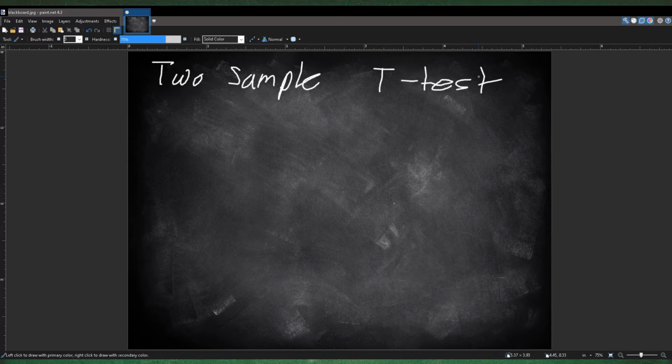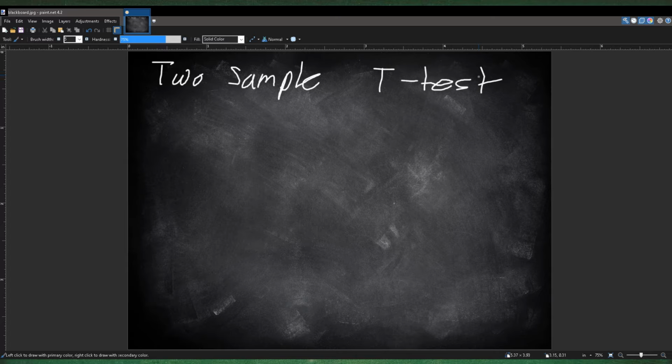Like if you're getting a sample of, let's say, a bag of marbles, then one bag of marbles gives you a one sample t-test, two bags of marbles gives you a two sample t-test. And if you want to compare different colored marbles in one bag, then that's a paired t-test. So that's the general idea of how it works, but it's pretty obvious if it's a two sample t-test.